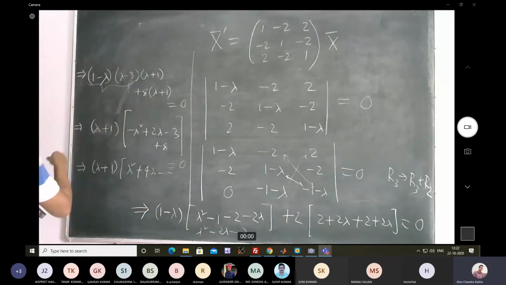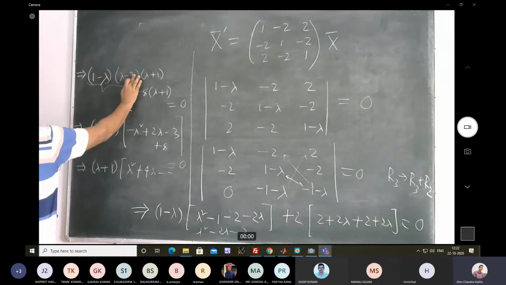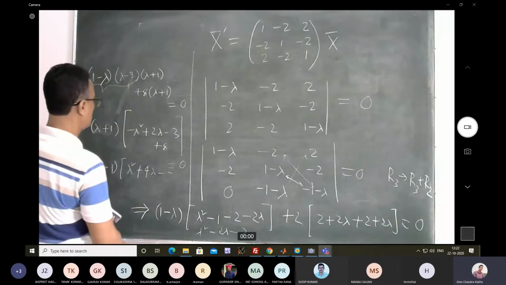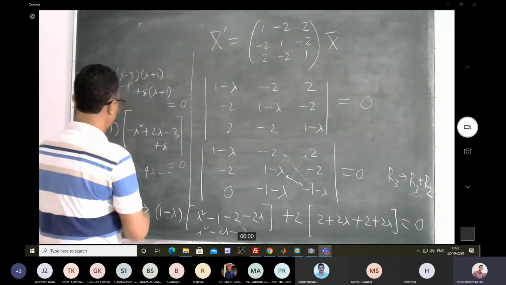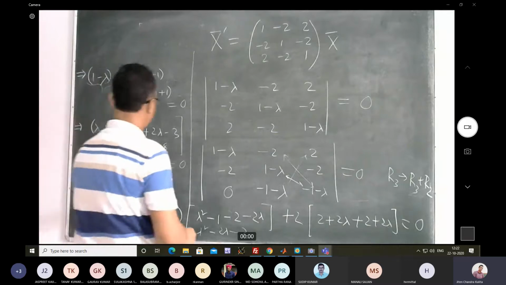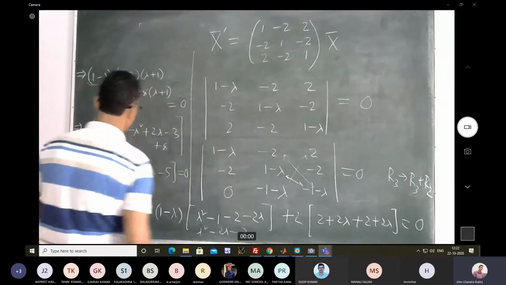See, minus lambda into minus 3, that is 3 lambda. Then lambda into 1, only lambda. So, yeah, plus 4 lambda. So if it was plus 4 lambda, this is minus 4 lambda, and this is minus 5, right? This is minus 5, this is equal to 0.